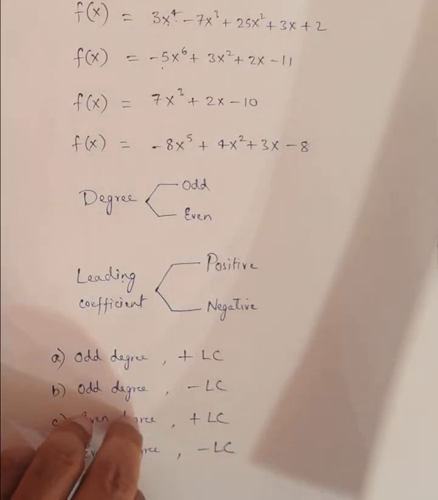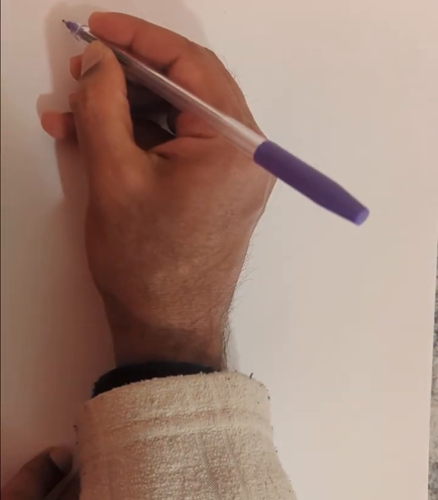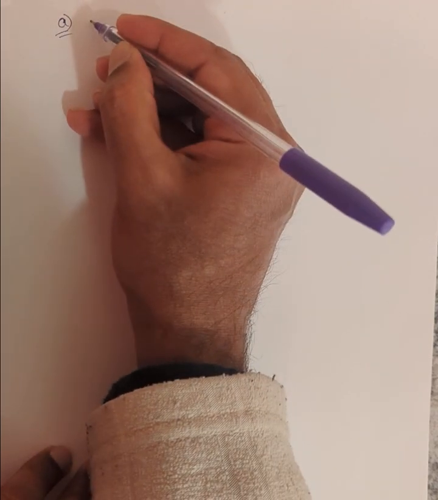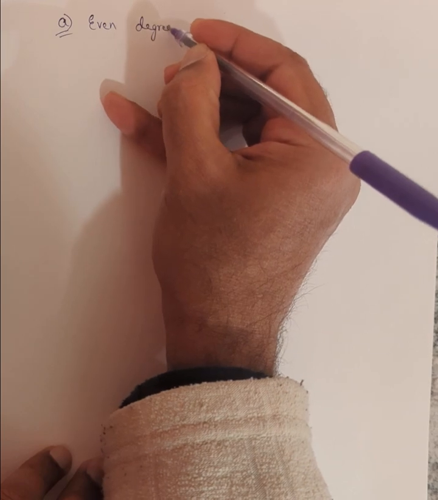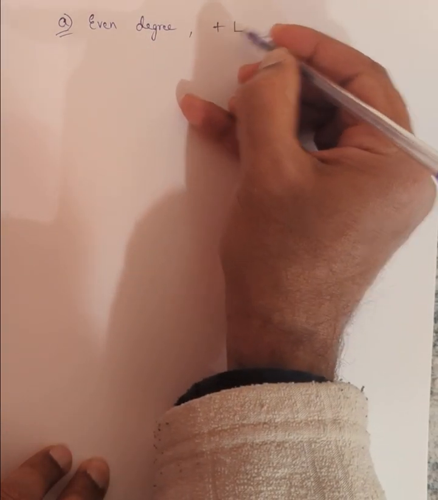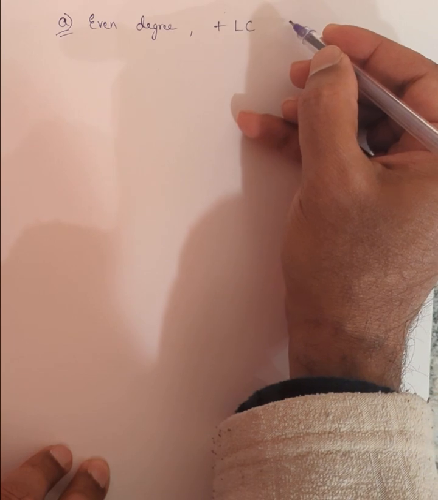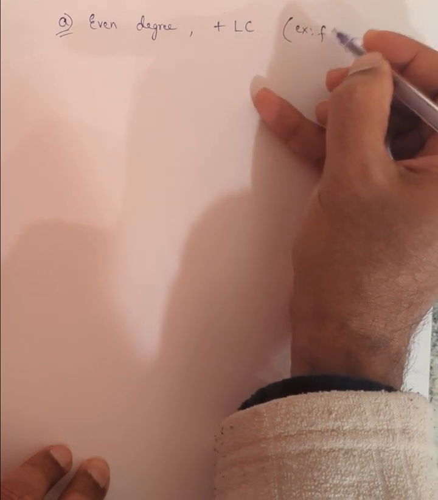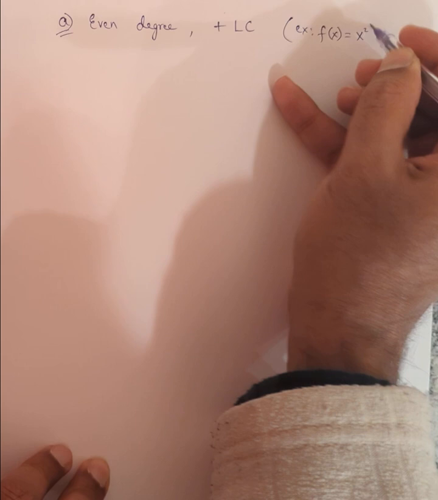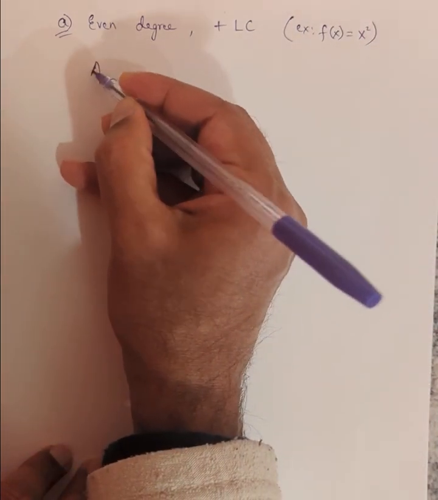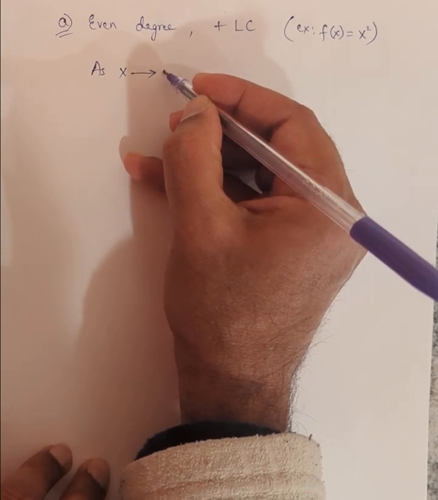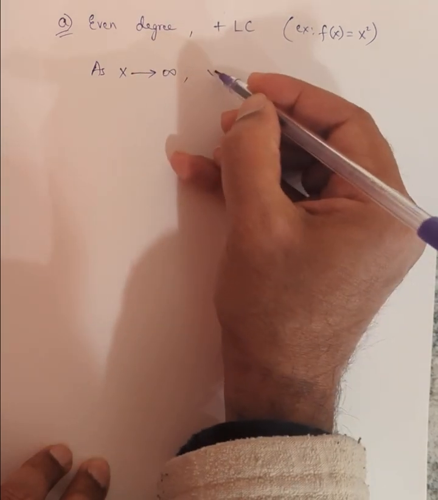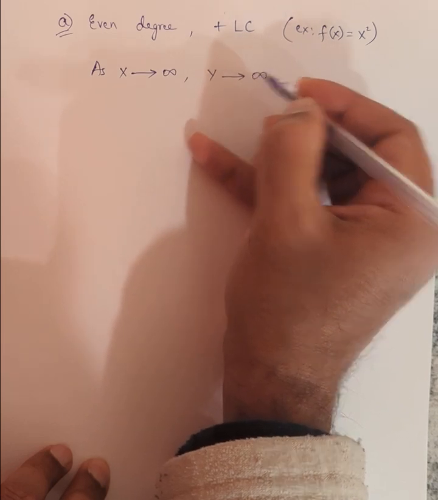Thinking about these four graphs, let's write down the characteristics. Case A, even degree and positive leading coefficient. An example would be f of x equals x squared. What do you notice? As x approaches positive infinity, y also approaches positive infinity.